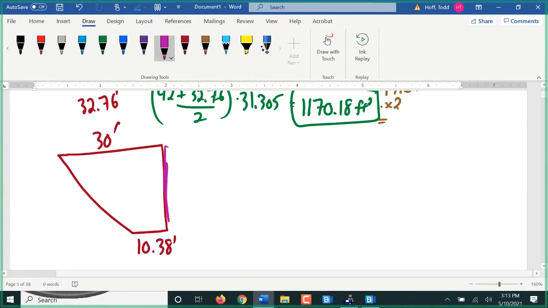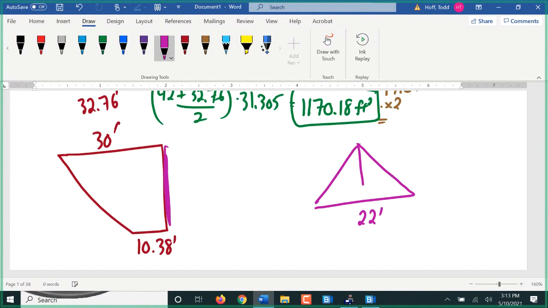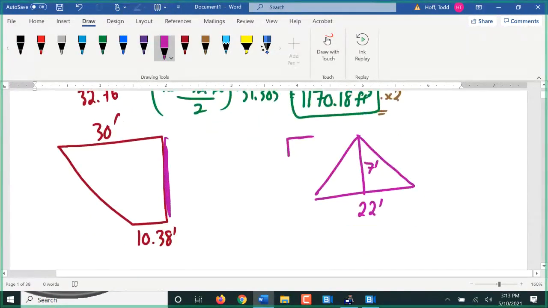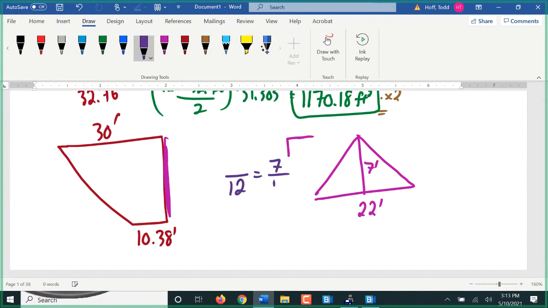We need to know this length now. To find that length, we have a 22-foot span, but we do not know the slope. We, however, know that height has to be 7 feet. That height has to be the same height as this section of roof because the peaks meet in the middle. I can actually find that slope: x over 12 equals 7 over 11.